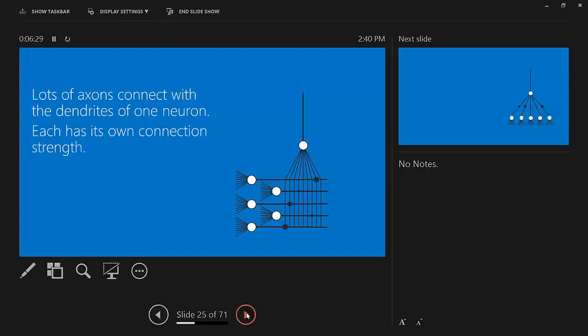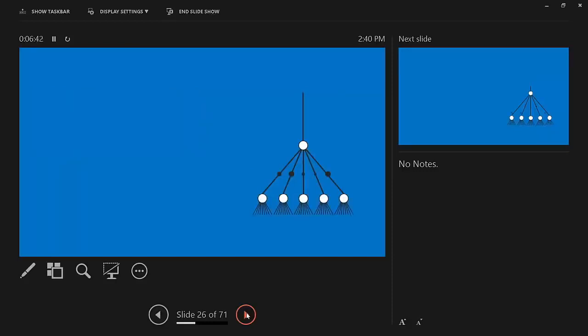Now, this starts to get interesting because many different input neurons can connect to the dendrites of a single output neuron. And each connection has its own strength. We can redraw this by taking out all of the parallel dendrites and just drawing each axon and the single dendrite that it connects to and the connection strength represented, like this with the dots. We can substitute in numbers for that, the weights.